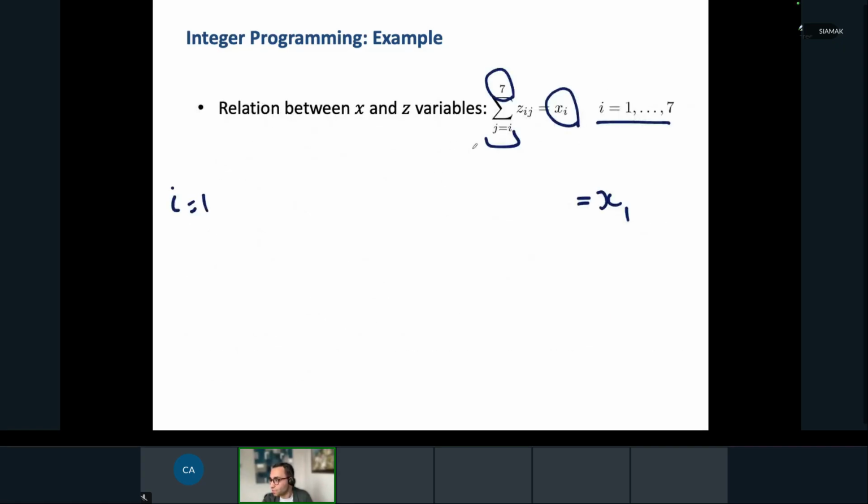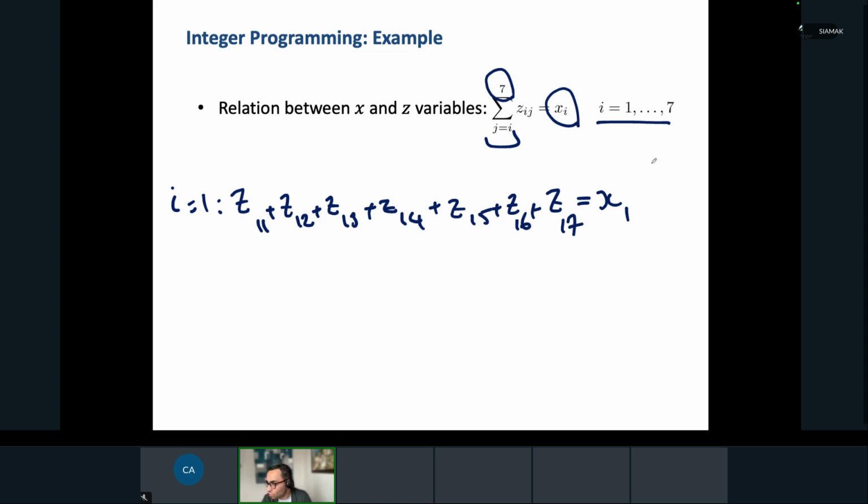So the left-hand side becomes Z11 plus Z12 plus Z13 plus Z14 plus Z15 plus Z16 plus Z17. The right-hand side is the total number of box 1 that we produced, and the left-hand side is how many of box 1 are going to satisfy the demand of box 1, box 2, box 3, 4, 5, 6, and 7.